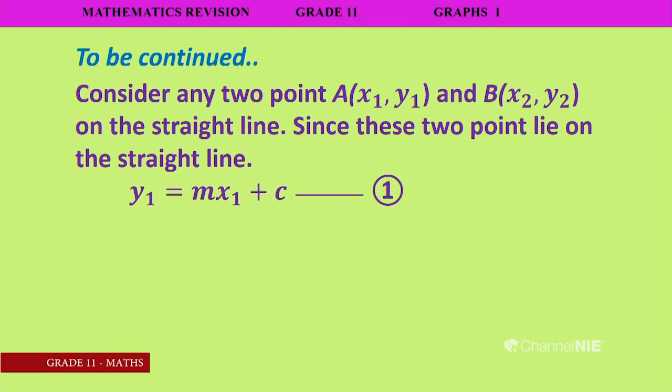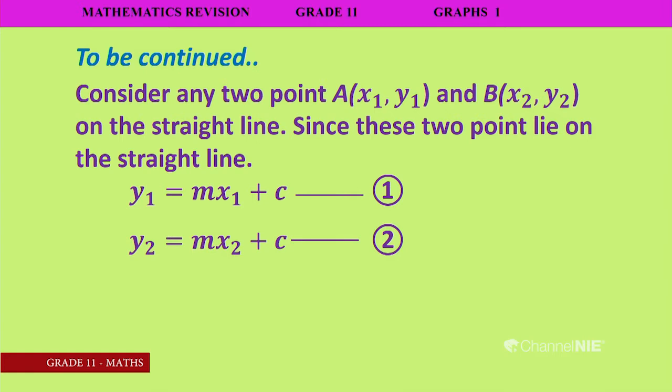y coordinate is y1, x coordinate is x1. We know the gradient is m, intercept is c. As a result, y1 is equal to mx1 plus c. This is our first equation, according to the point we considered as A. Then similarly, y2 equals mx2 plus c.